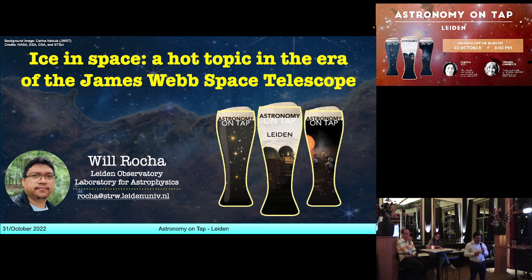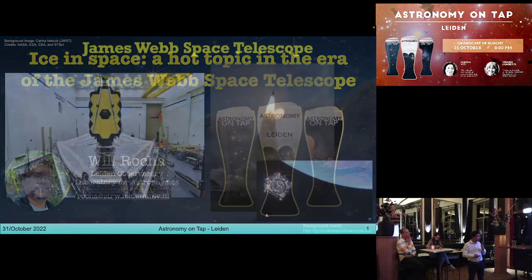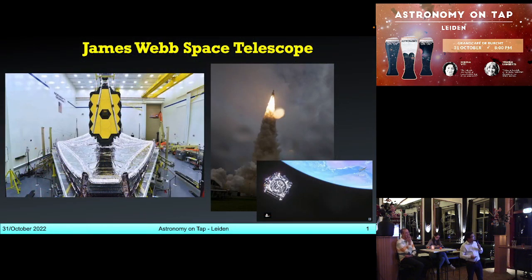Okay, and also let's talk about James Webb, because it's something that's taking a lot of attention in the news, and I think this is also important to talk about here in Leiden. So this is the James Webb Space Telescope. We have this picture from when it was in French Guiana, showing the size of the telescope.